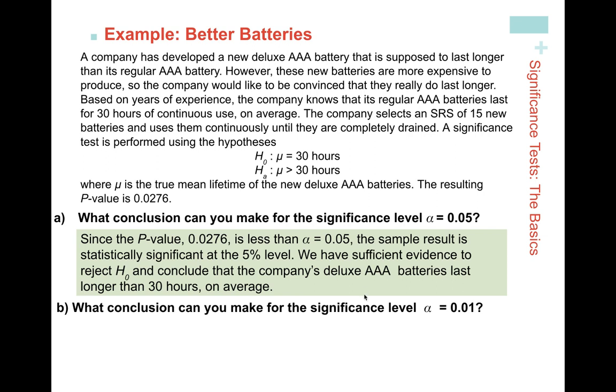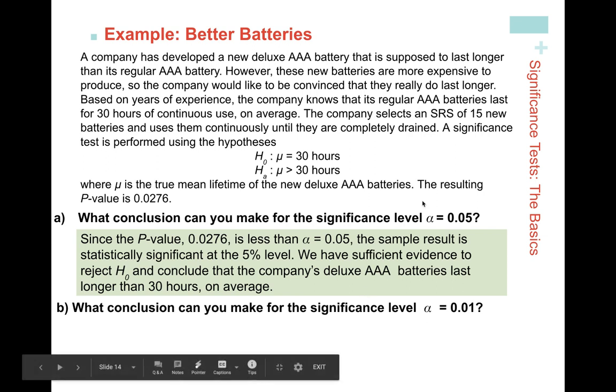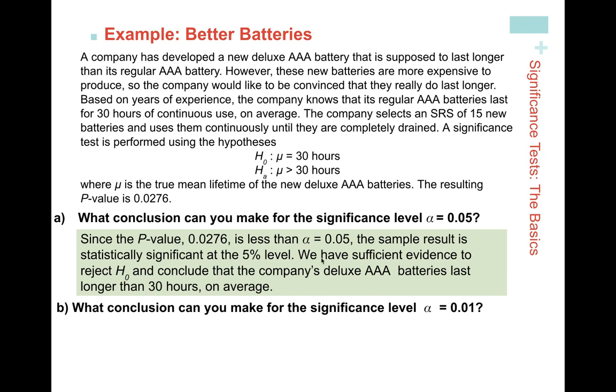What conclusion can you make at the alpha equals 0.01 level? Well, it's going to be different. Since our p-value of 0.0276 is greater than our alpha level of 0.01, we fail to reject H null.